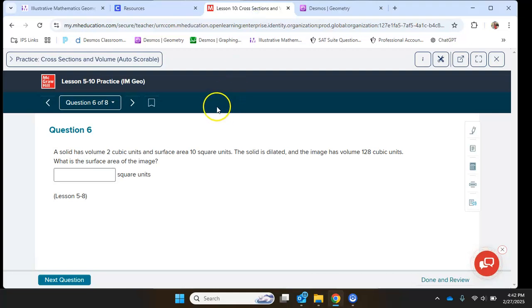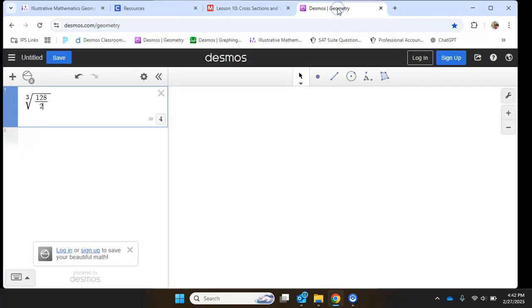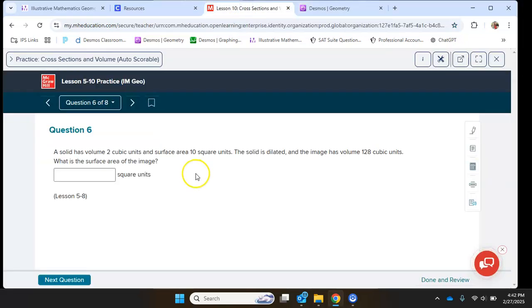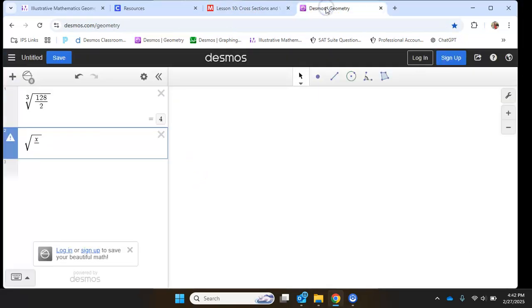So they want to know, if it has a surface area of 10 and it's dilated, what would it be? Surface area is squared, so the inverse of that is square root. We take x, some number we don't know, what we're trying to find, and divide that by the original surface area, which was 10, and it's going to have a scale factor of 4.